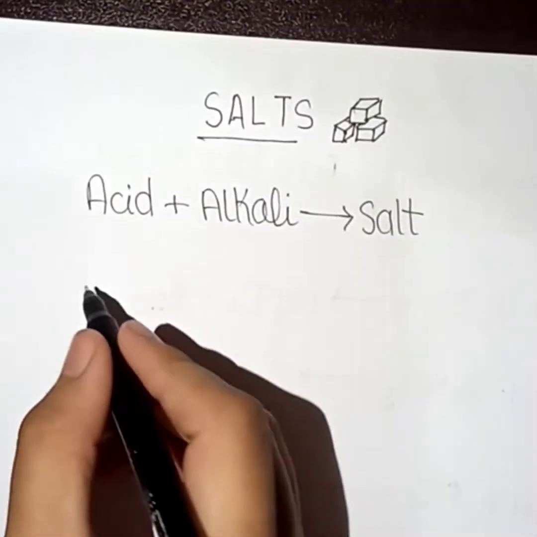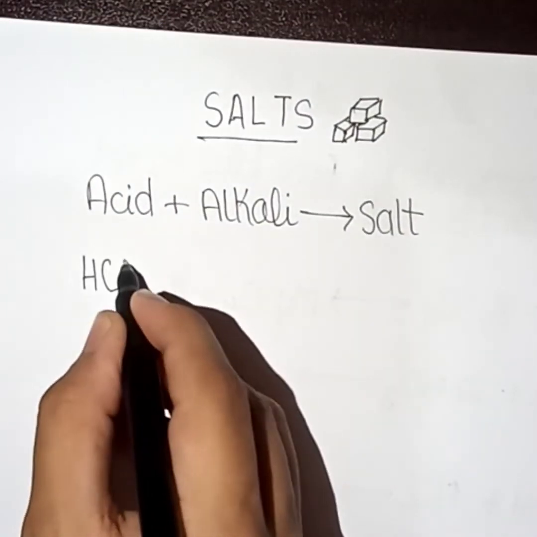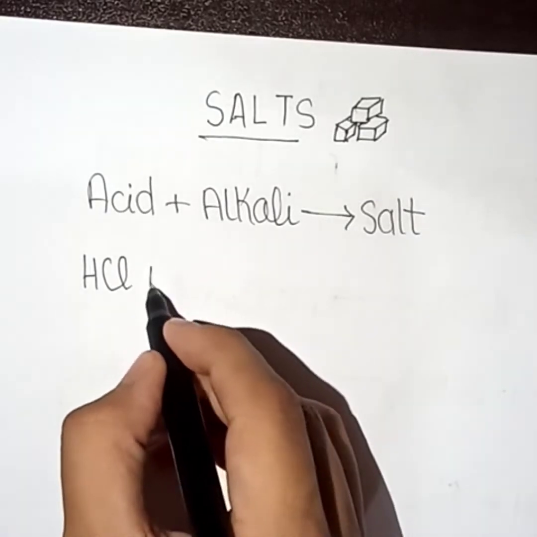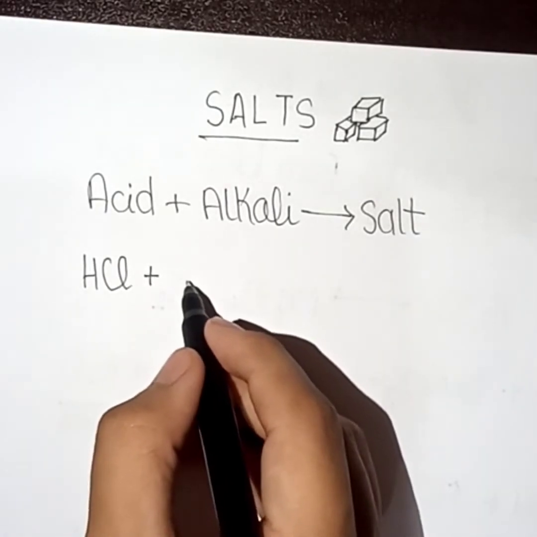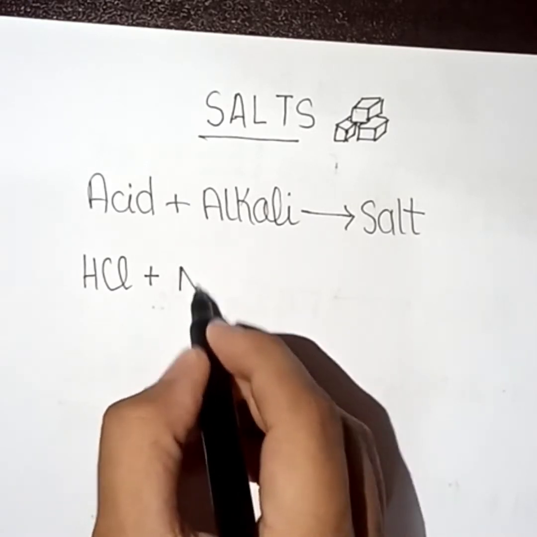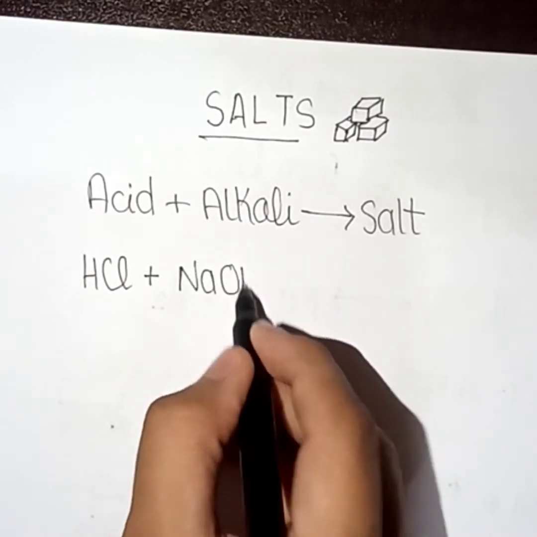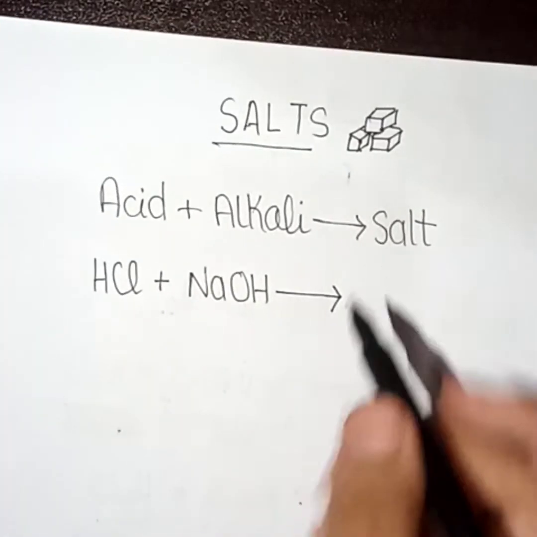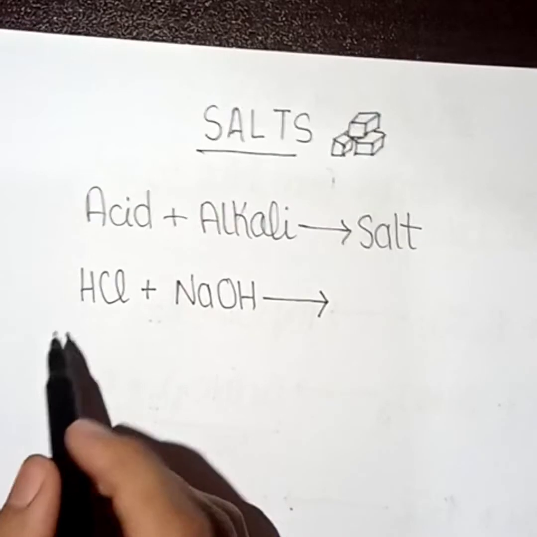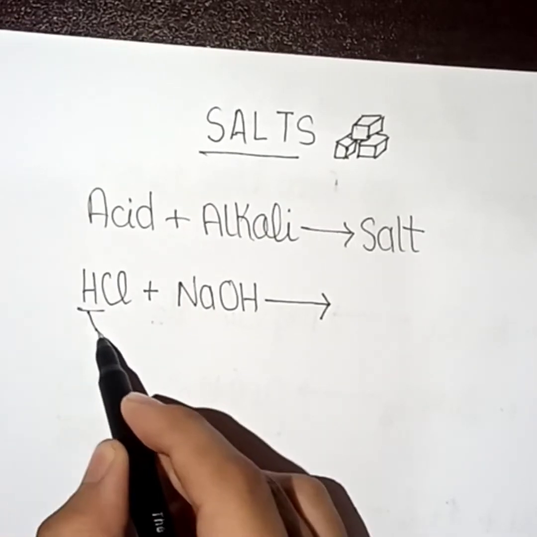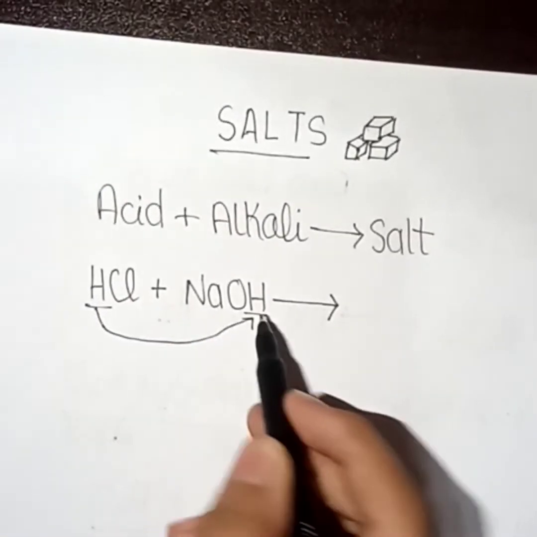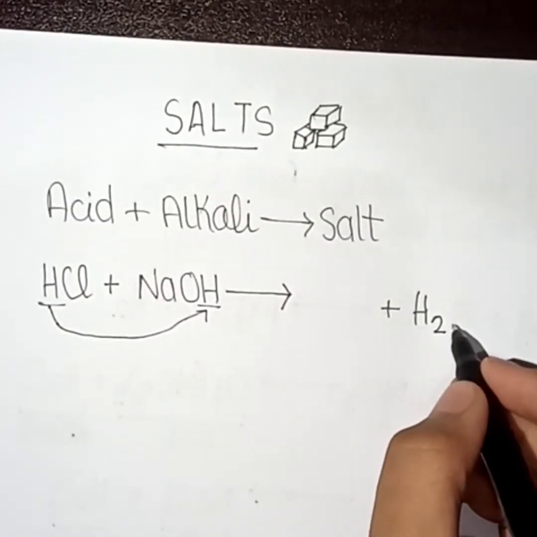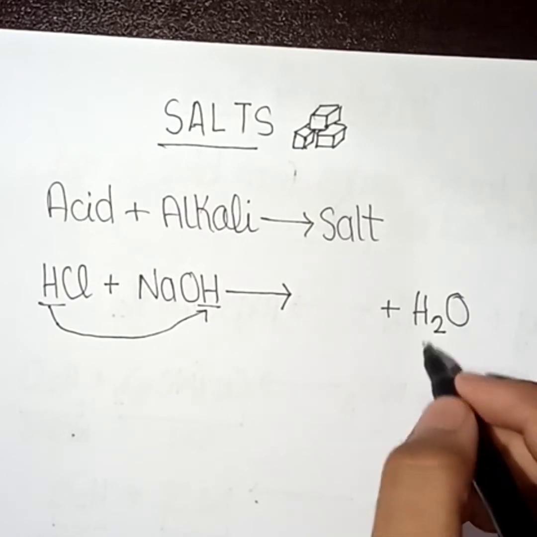We need to represent an example of how acid reacts with base to give you salt. We can take the acid as hydrochloric acid. When hydrogen chloride reacts with a base, which is sodium hydroxide, it will give you a salt. The hydrogen will react with the hydroxide, giving you 2 moles of hydrogen and 1 of oxygen.